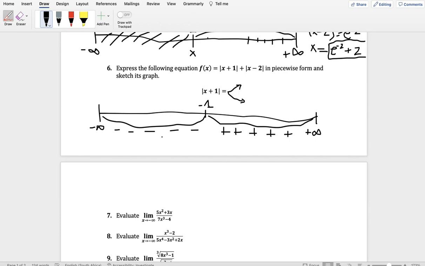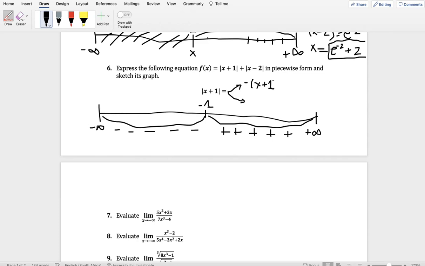For the expression to be positive in this interval, from -infinity to -1, you have to put the negative sign in front of it.